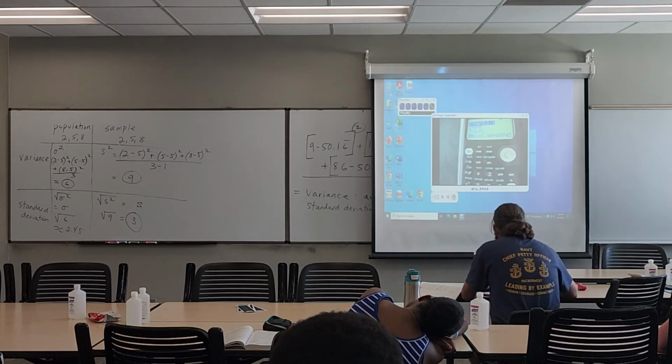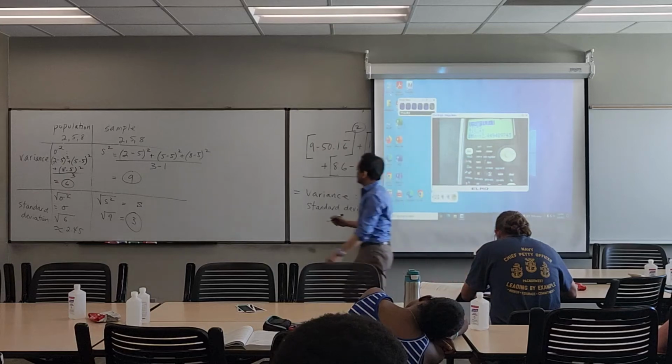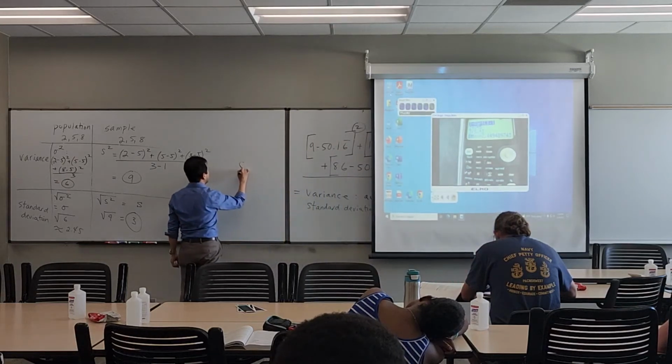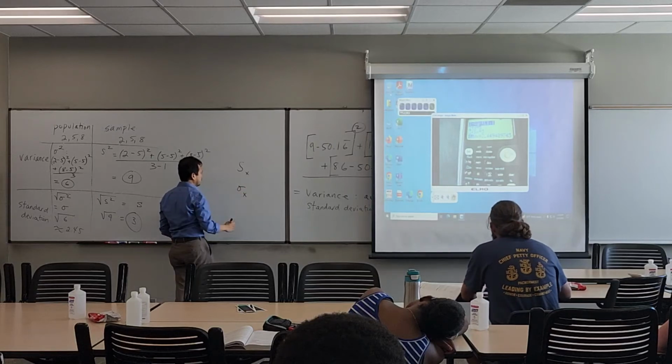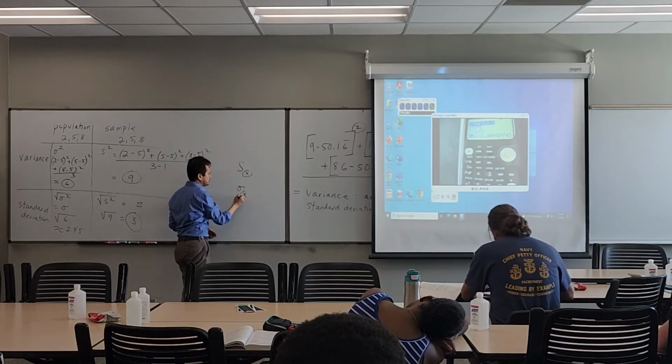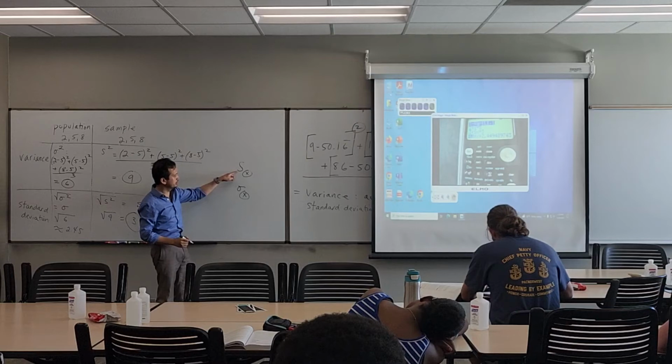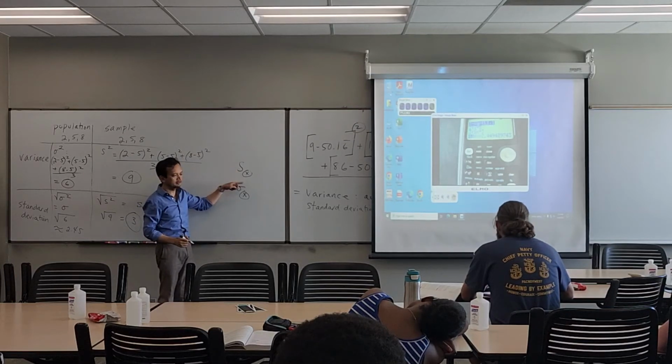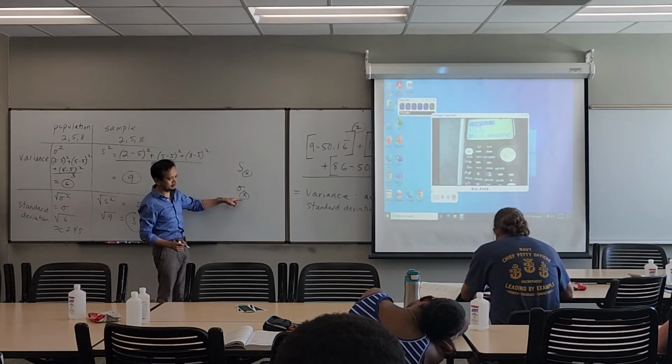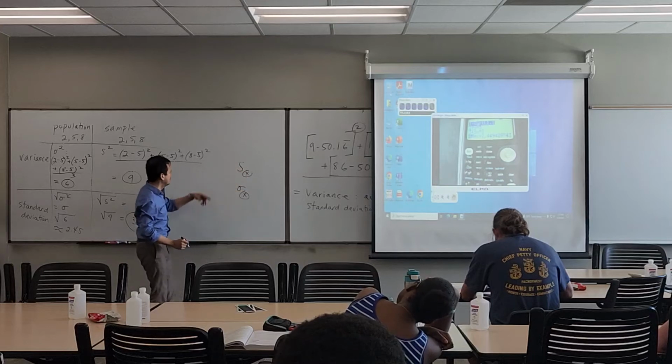Remember, on your calculator, it shows S of x and sigma of x. The x here is really redundant. It's just telling you that it's the sample standard deviation with respect to the variable x, and sigma is with respect to the variable x. So the x is redundant.